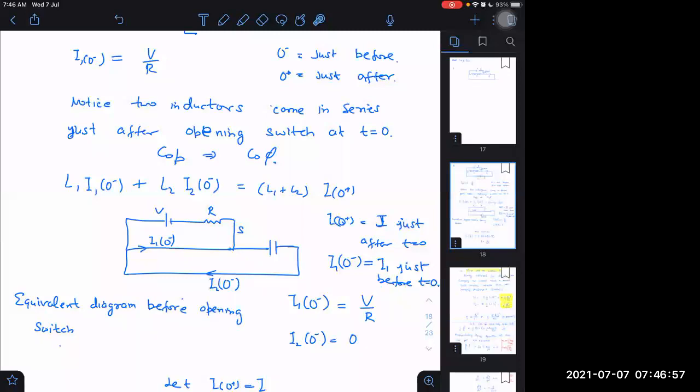Sir, that conservation of magnetic flux, will it take time or does it just happen? We are changing from the initial current I1 to the final current, conserving flux. It will not take time. It is instantaneous. That's why 0 minus and 0 plus, just before and just after.